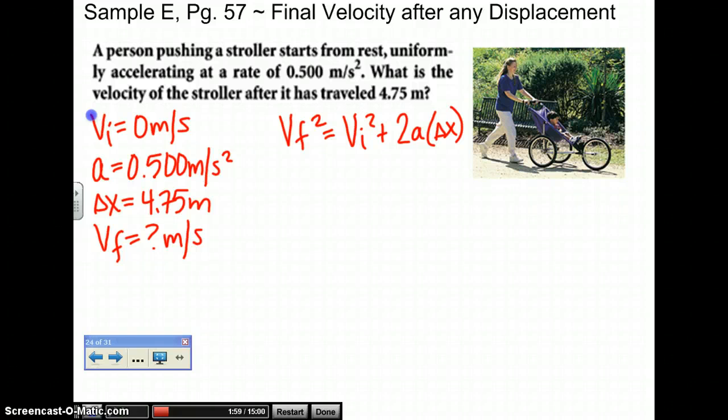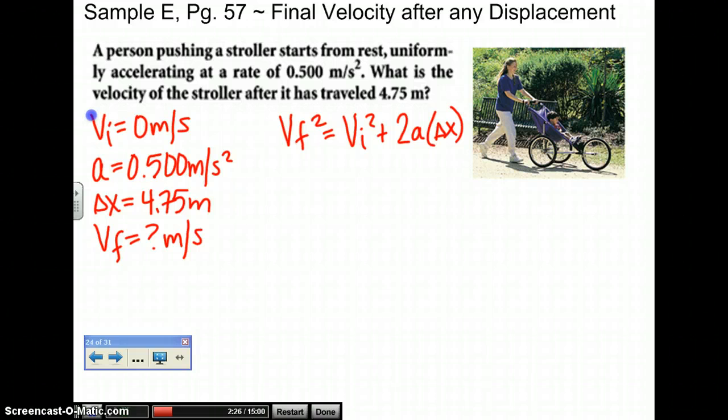Now, luckily, the variable that we're trying to solve for does not need reorganized or isolated because it already is. Checking out your units, everything's meters, seconds, meters per second squared. So we're okay on units. We also do not need to convert anything. But check out that this answer, if you do not do what I'm about to tell you, will show you final velocity squared.